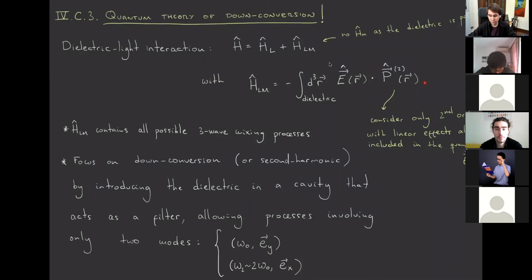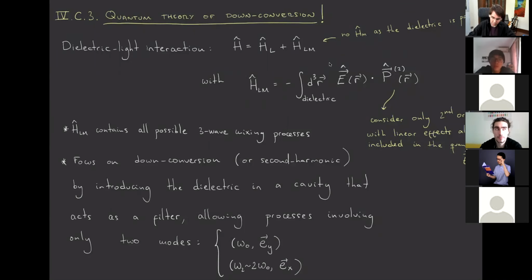But the polarization field, in this case, is the second order polarization, which is quadratic in the electric field. And in particular, we put the nonlinear dielectric inside an optical cavity. In order to remove any nonlinear process that is not the down conversion we want, we assume that there are only two modes in the cavity that play a role in the dynamics.